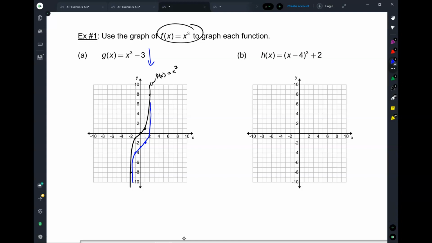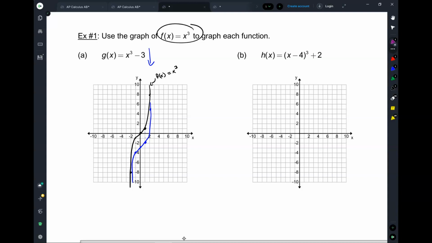Now, I'm not going to have you do it this way all the time. The point of Precalc Honors is to just be quick on your feet with these. So we're just going to go right into it like pros, right? Okay, let's do it. What transformations do you see here on B, h of x?